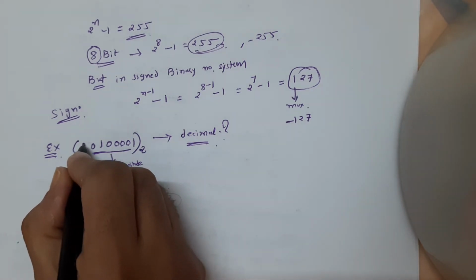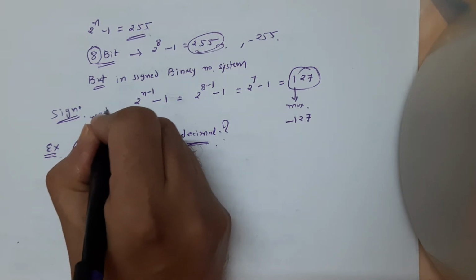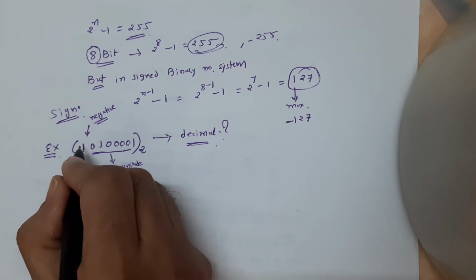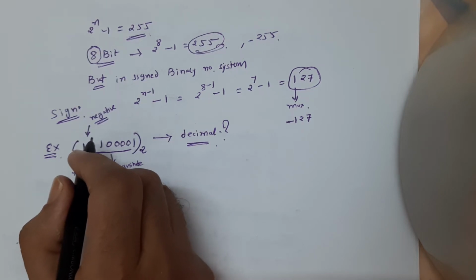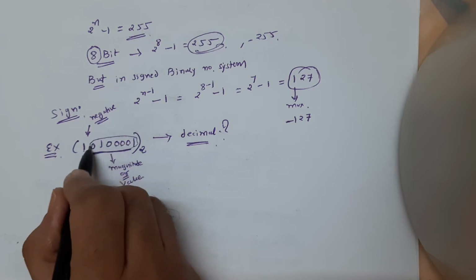Here this is 1, that means this number is negative, because 1 shows a negative number and 0 shows a positive number. So in this way we can describe the remaining portion. This is the value of the digit.